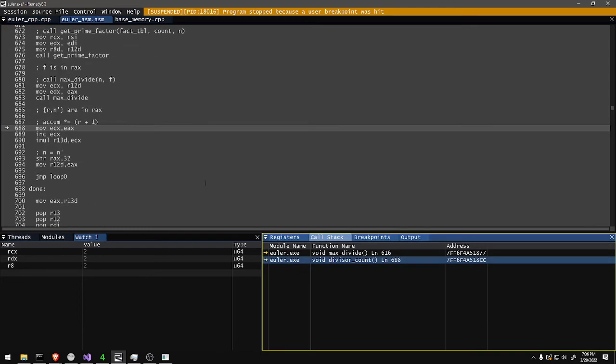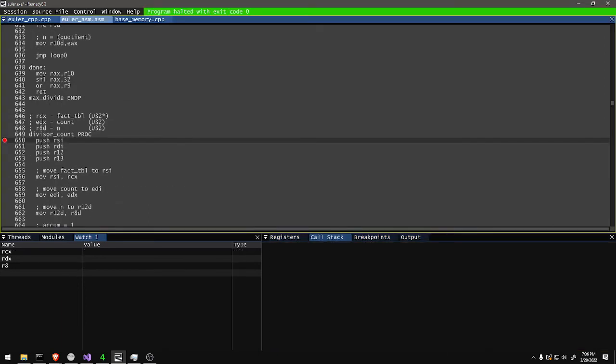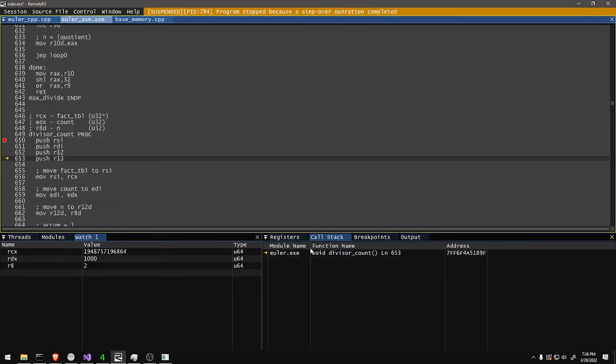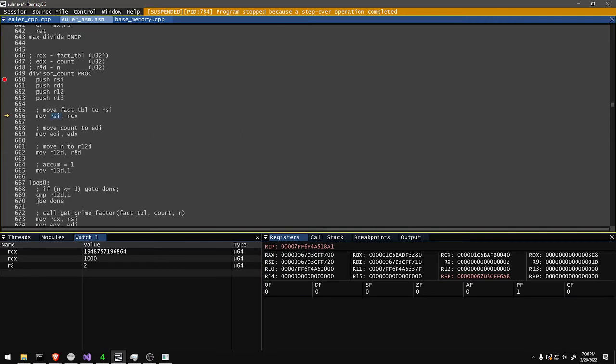So divisor count. Let's start from the beginning of divisor count. That's the thing that's actually an issue right now. So I want to move RCX so that I can do function calls. So RSI goes right there.